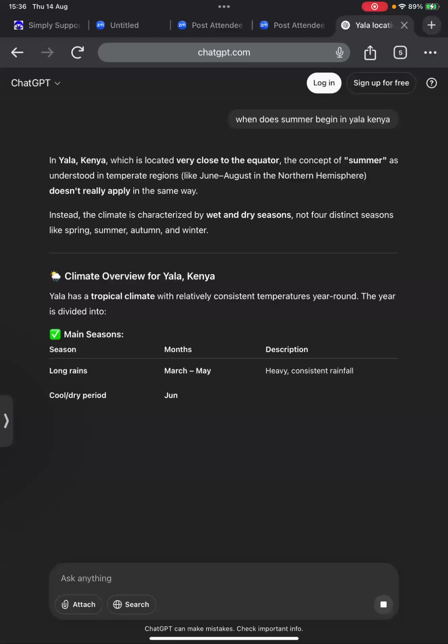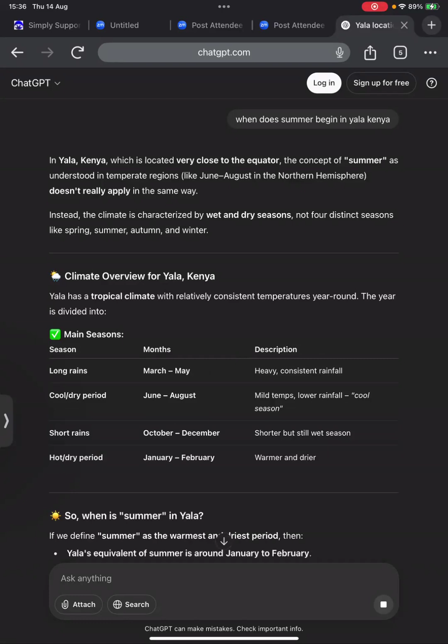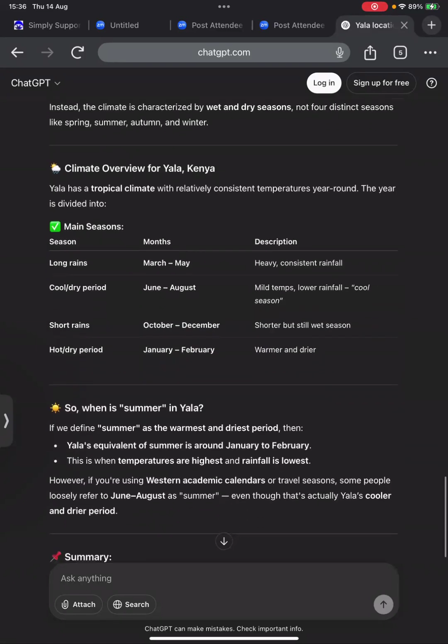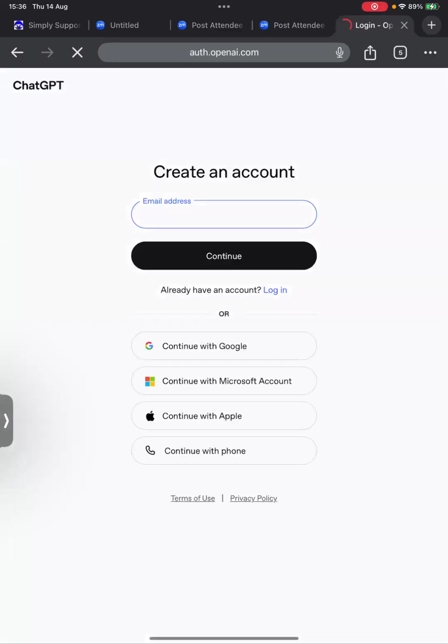In Yala, Kenya, which is very close to the equator, the concept of summer as understood doesn't really apply the same way. Instead, the climate is characterized by wet and dry seasons, not four distinct seasons like spring, summer, autumn. Okay, fair enough. Because they're so close to the equator, they probably don't have a lot of seasons.